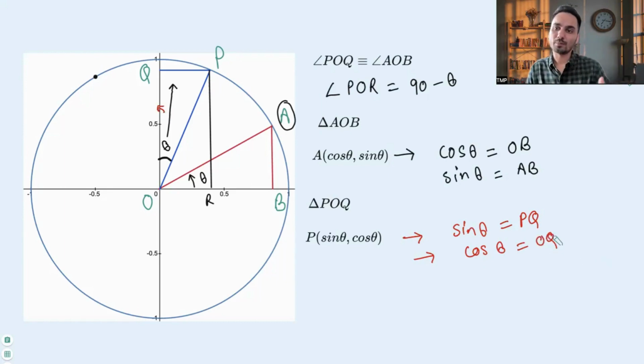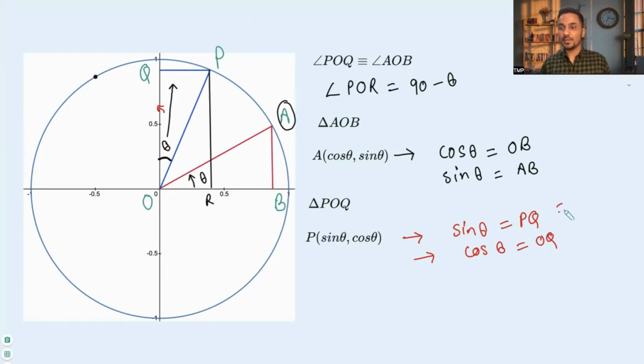And I'm not saying divided by the hypotenuse because the hypotenuse is 1, so it will not affect the overall ratio. So you have the point P coordinates as sine theta comma cos theta, and they are equal to PQ and OQ. But here PQ is the same as length OR and OQ is the same as length PR.